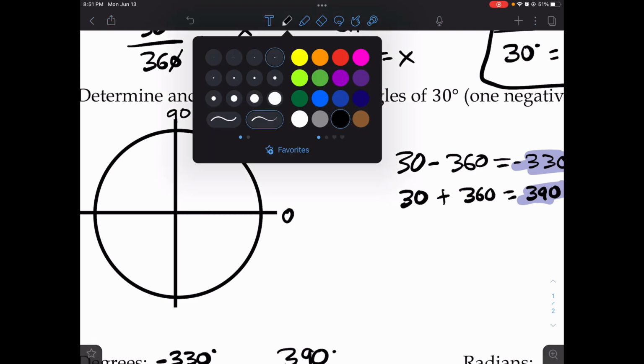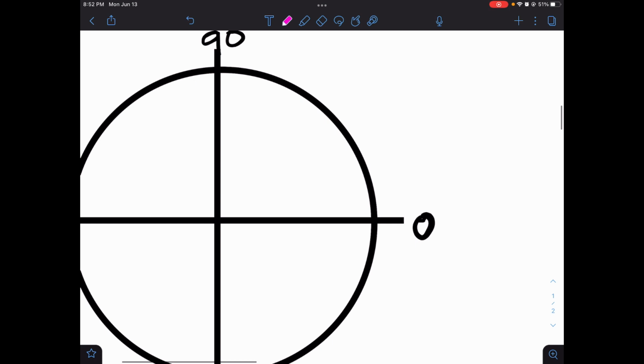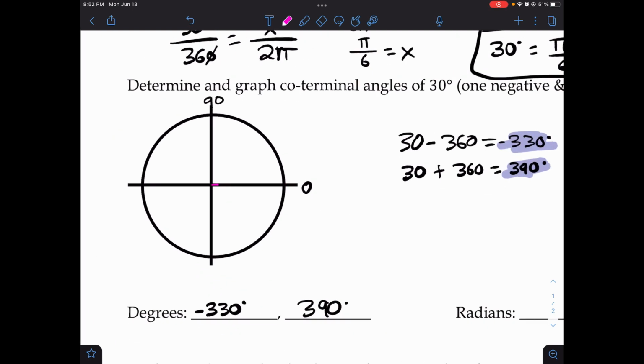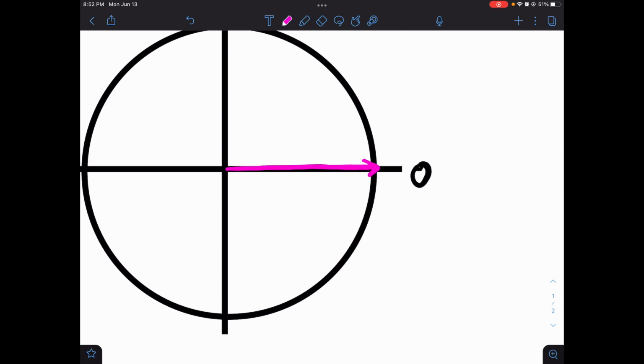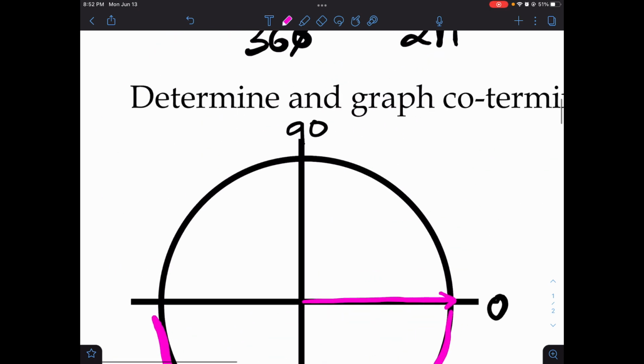Okay. Now let me erase 30 and graph both of those angles on here. So let's see. First, this is the negative 330. And since it's a negative, the direction it's going to move is clockwise. That's our initial side. And then right here will be 90, 180, 270.